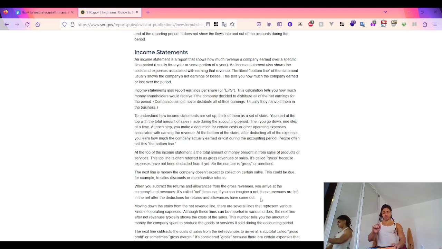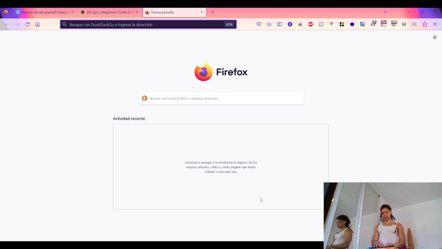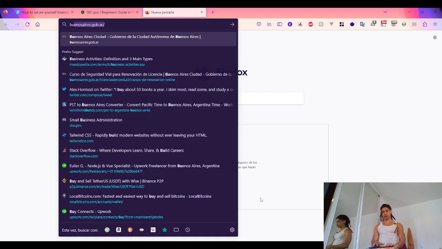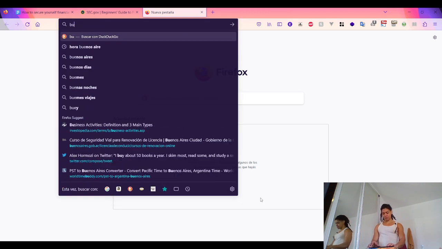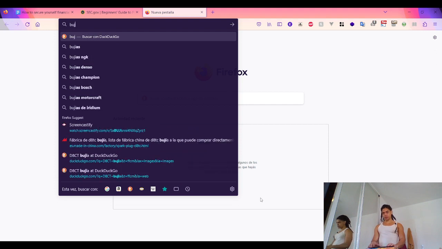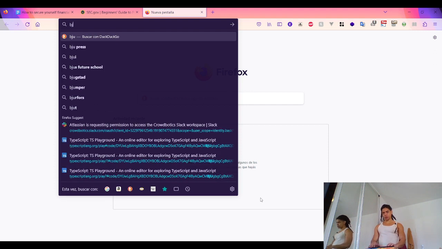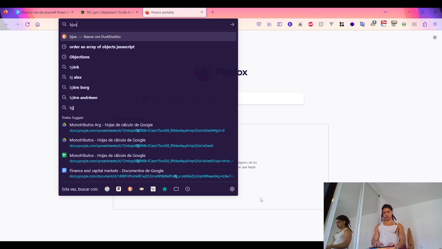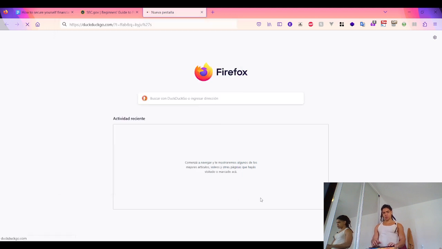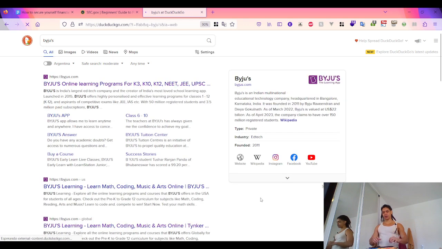An example is an online educational platform called BYJU'S, which is kind of a competitor of Khan Academy, headquartered in Bangalore, Karnataka, India. Okay, this is in the industry of educational platforms.